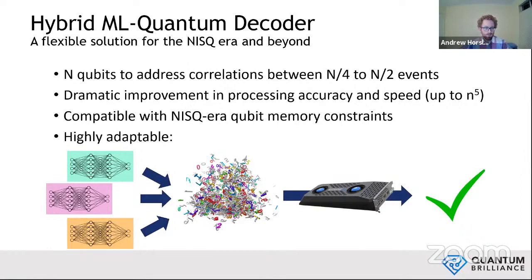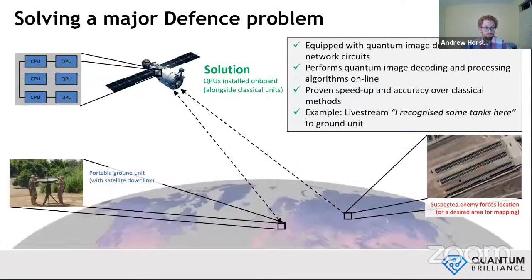This is something that we're currently exploring in a defence context with Australian defence partners, looking at remote monitoring of areas. This is one where there are really strong computational constraints in the satellite. There are very big bandwidth limitations, so they have to do the processing on board the satellite, and they really need high quality, trustworthy data to be sent to troops on the ground as soon as possible.